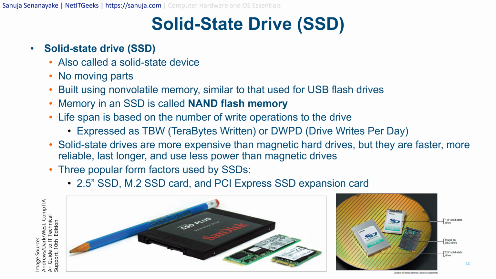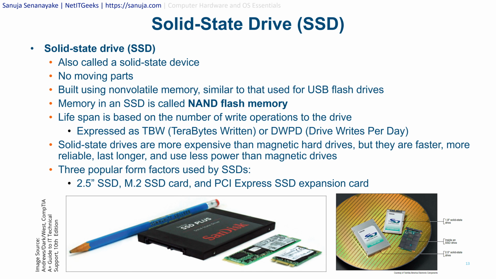The lifespan has a direct relationship to the number of write operations, and this is expressed as TBW, also known as terabytes written, or DWPD, or drive writes per day. Solid state drives are more expensive than magnetic hard drives, but they are faster, more reliable, last longer, and use less power.